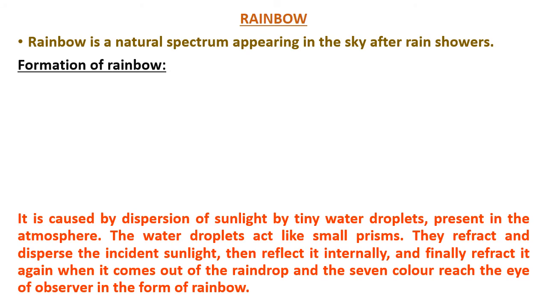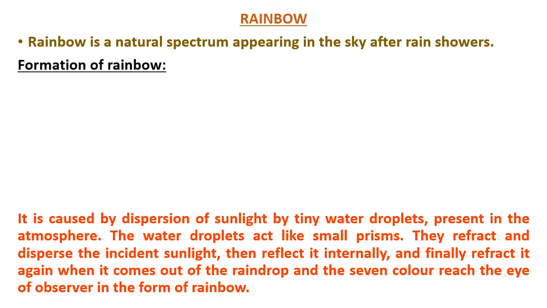Rainbow is caused by dispersion of sunlight by tiny water droplets present in the atmosphere. So after the rain shower, obviously there will be tiny water droplets present in the air. And these water droplets act like a small prism.